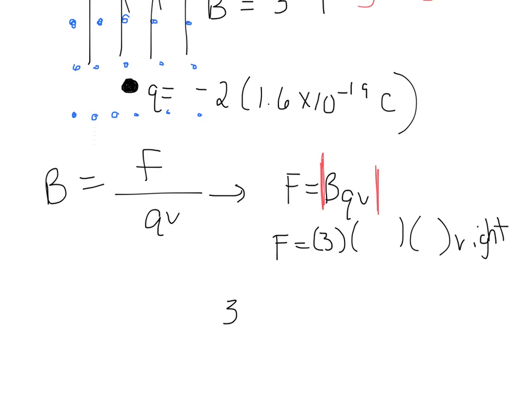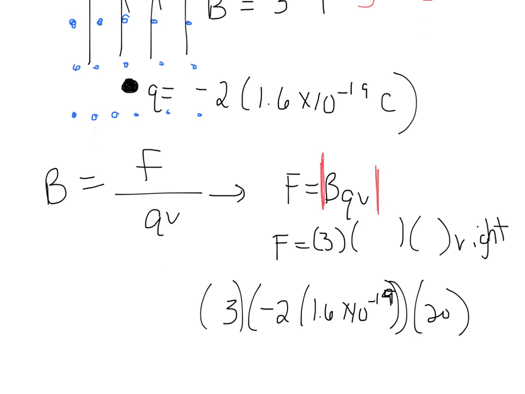You can do it as 3 times negative 2 times 1.6 times 10 to the negative 19 times the velocity of 20, and come up with your force, but normally this would be to the left because you have a negative here. You'd have to get rid of the negative sign and write to the right instead.